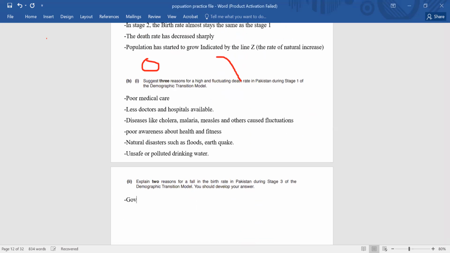Government family planning schemes and campaigns have probably created awareness among masses, among people, about hazards of larger families.